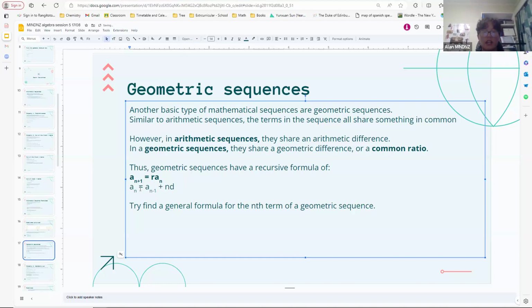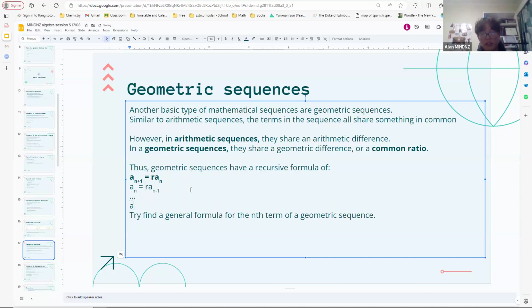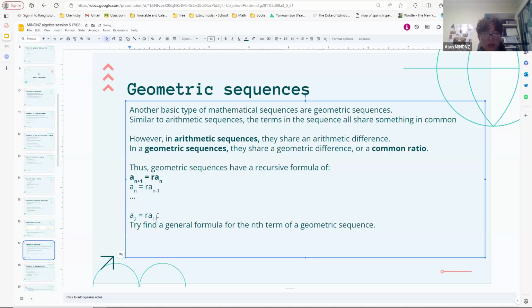So we know that a_n equals r times a_(n-1), and then dot, dot, dot, a_2 equals a_1 times r. So if we sub in a_2 for the equation of a_3, which is a_3 equals r times a_2, we find out that a_3 is r squared times a_1.